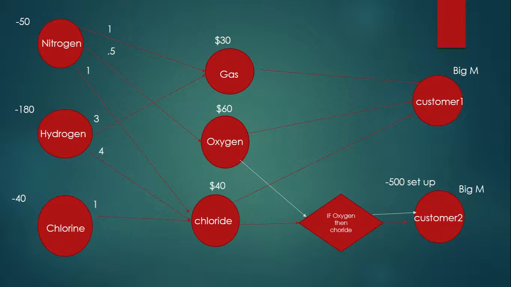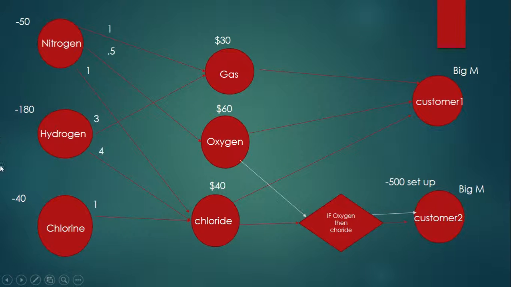Alright, I went ahead and made a flowchart of sorts, and it's very close to our networking problem. I found it was much easier to visualize in this format. This does have a decision for customer 2, like I said earlier. If oxygen, then you can make chloride, but there is a setup.